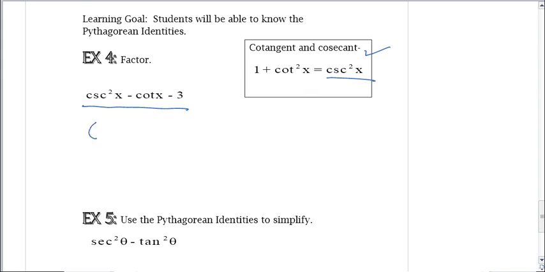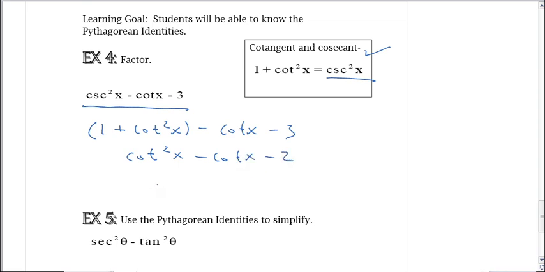So if I rewrite this, it would look like this. 1 plus cotangent squared x minus cotangent x minus 3. And if I basically add like terms, I get cotangent squared x minus cotangent x minus 2.